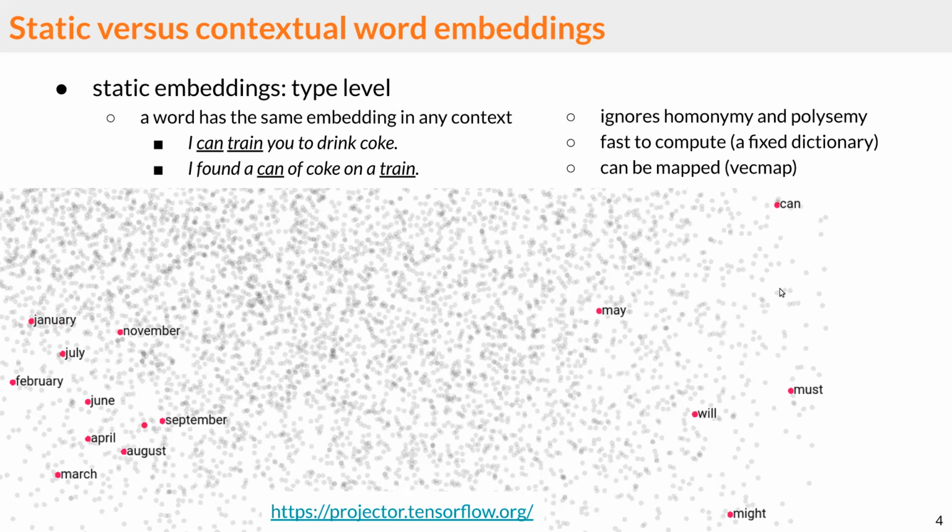But on the other hand, what you can typically expect is that the verbs appear in some kind of cloud, and this one will be an outlier even for this one. So it's kind of an average embedding between these two representations. And depending on which of the meanings is more frequent in the corpus, this will be closer to one or the other cloud.